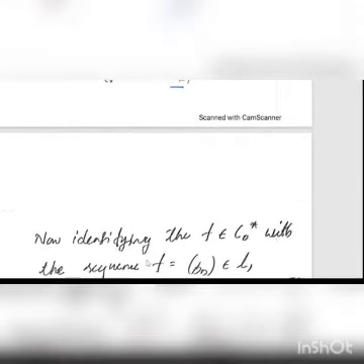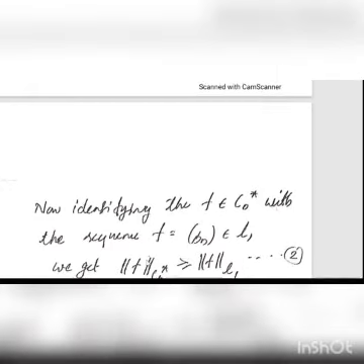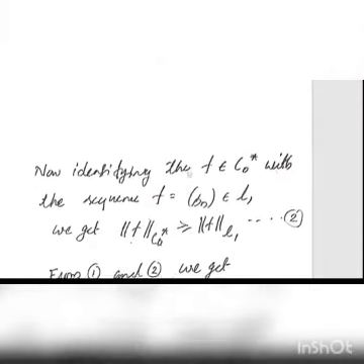So now identifying f belongs to c0 star with a sequence f equal to bn belongs to L1, we get norm of c0 star is greater than or equal to norm of f at c0 star is greater than or equal to b1.